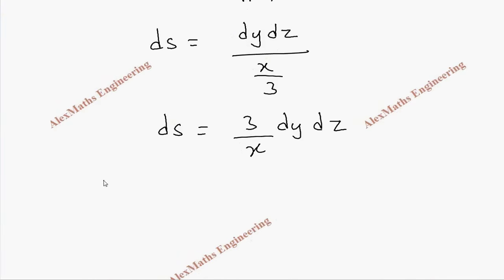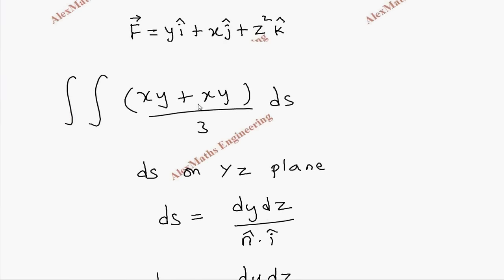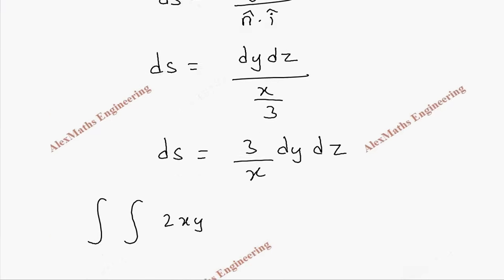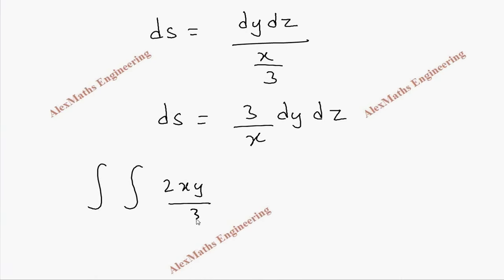So we have the double integral, where 2xy divided by 3x gives us dy dz. So we can cancel x and x, 3 and 3. 2 is a constant which we can take outside.